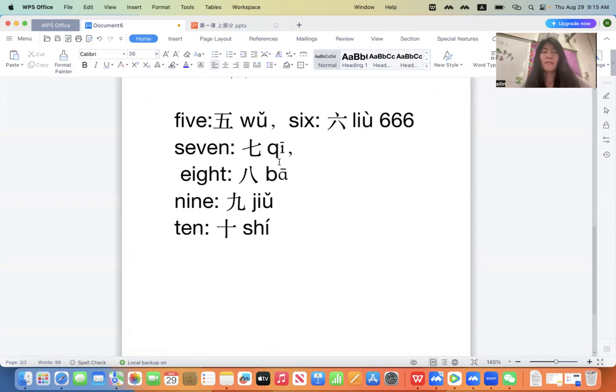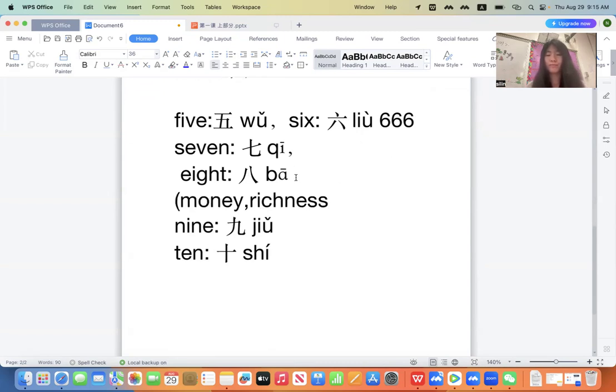Okay, number 7 doesn't really have any meaning, and number 8 in Chinese means money, rich, richness.